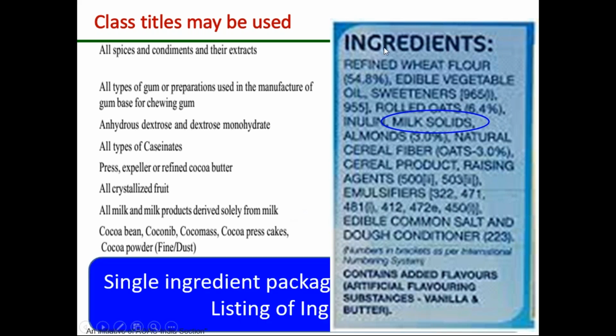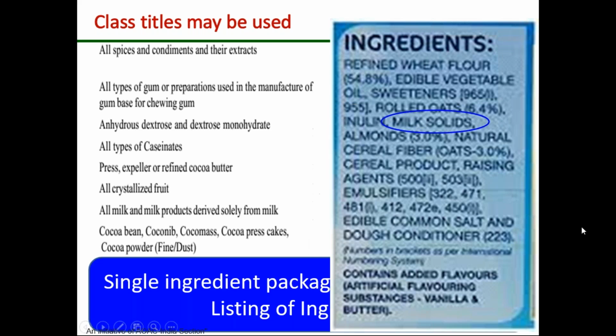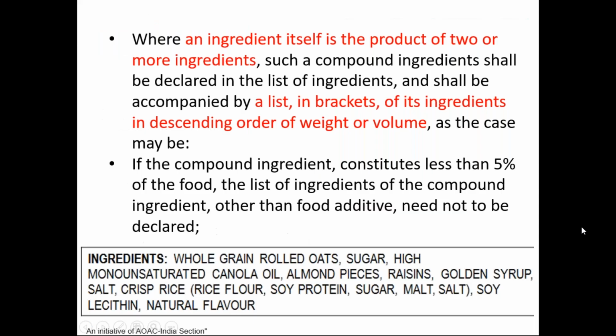And in single ingredient packages such as wheat, rice, or atta or maida, they are exempt from this list of ingredients. They need not put the list of ingredients because it is a single ingredient and the name itself will suggest it.